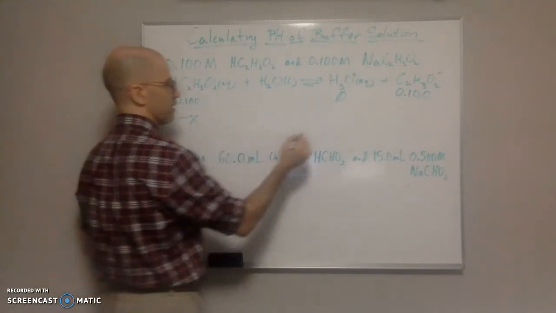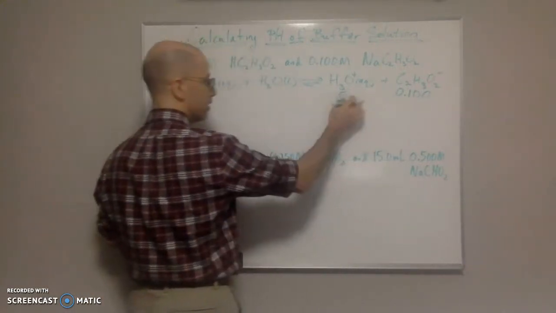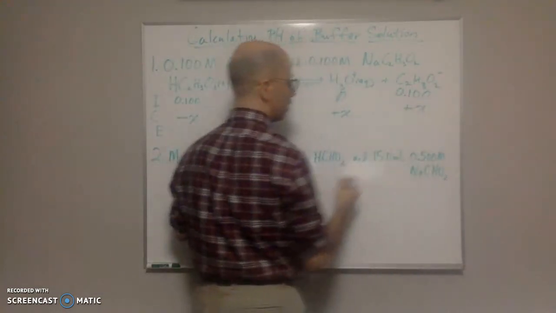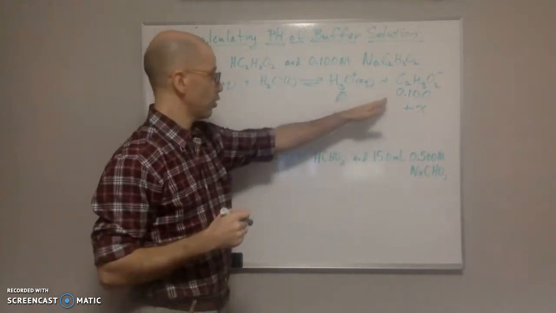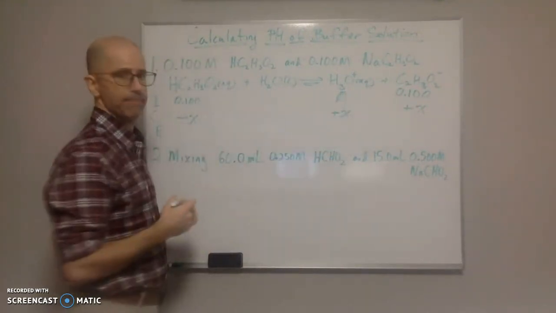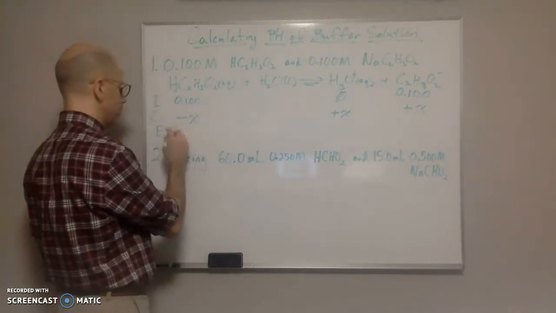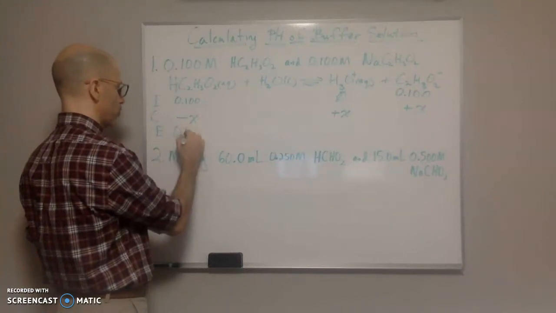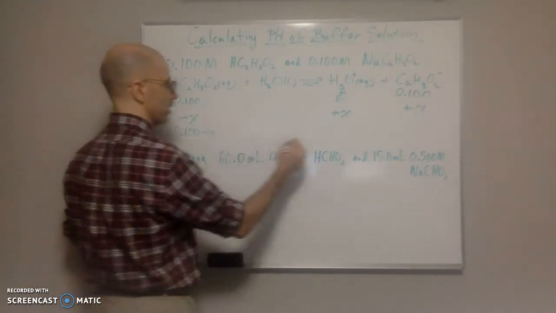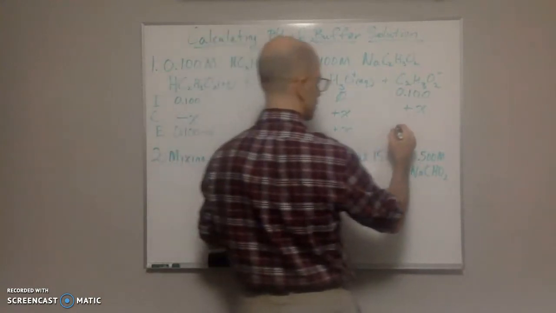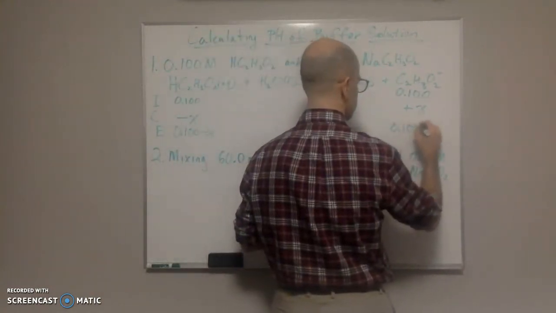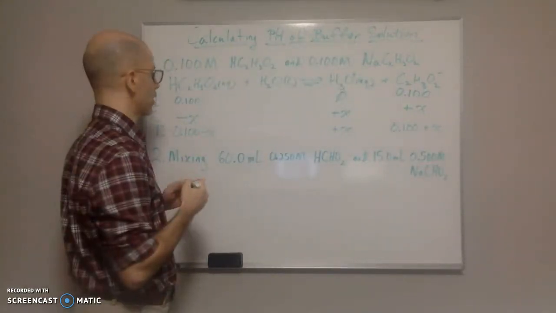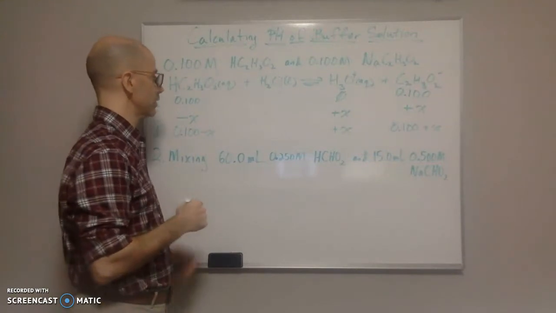And you're going to add some of your hydronium ion, and you're going to add some of your anion. And so then we add these together and you get 0.100 minus x. This is plus x, and this is 0.100 plus x.